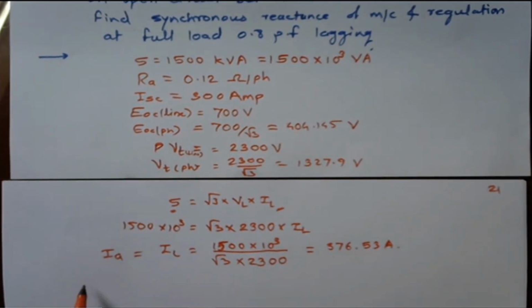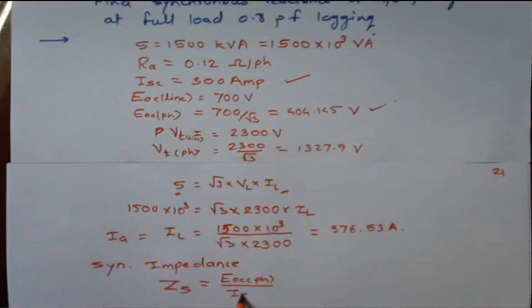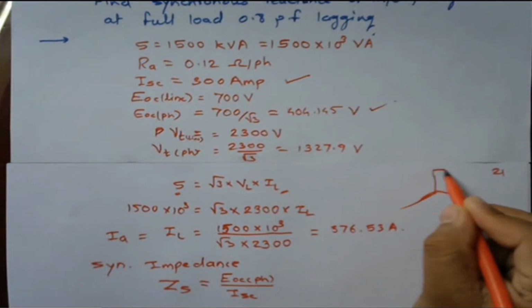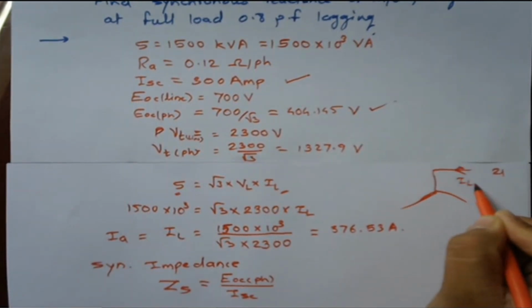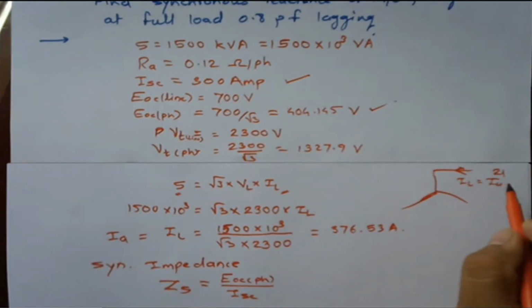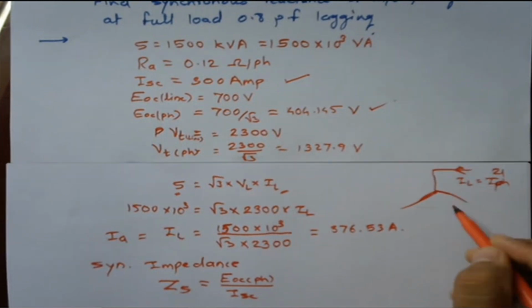To find synchronous impedance, the formula is EOC per phase divided by ISC. See, this is star connected. In case of star, line current is equal to phase current, IL is equal to IPH, but the voltage is not the same.